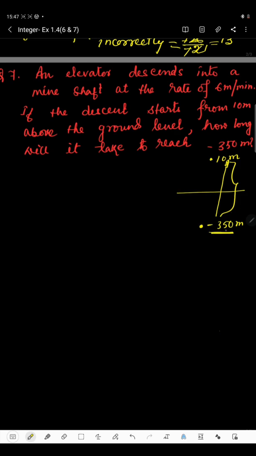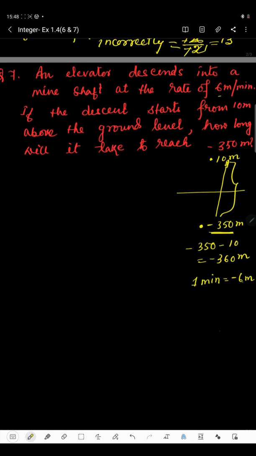Now before finding time, we will have to find the distance between these. So if you subtract this from this, then we will get the distance between them, which is -360 meter. Now it is said that in 1 minute it moves 6 meter. Since it is going down, we can consider this as a negative integer.